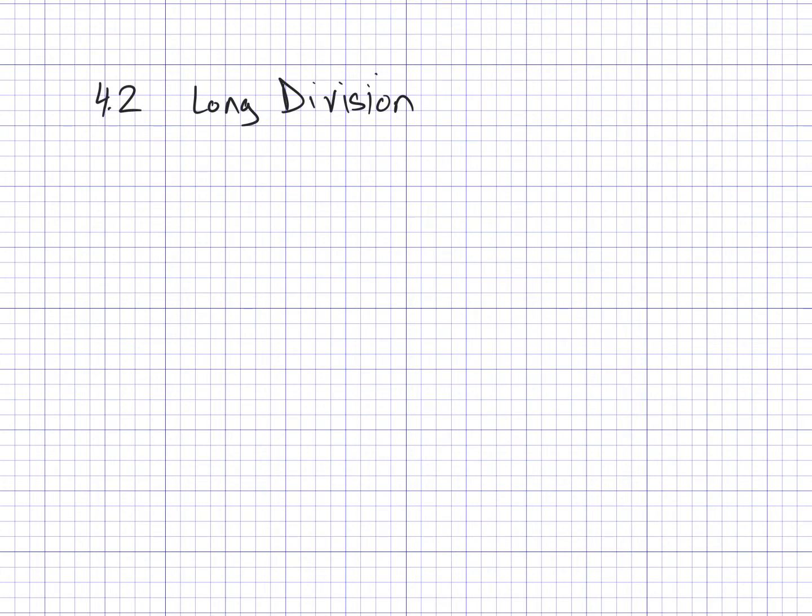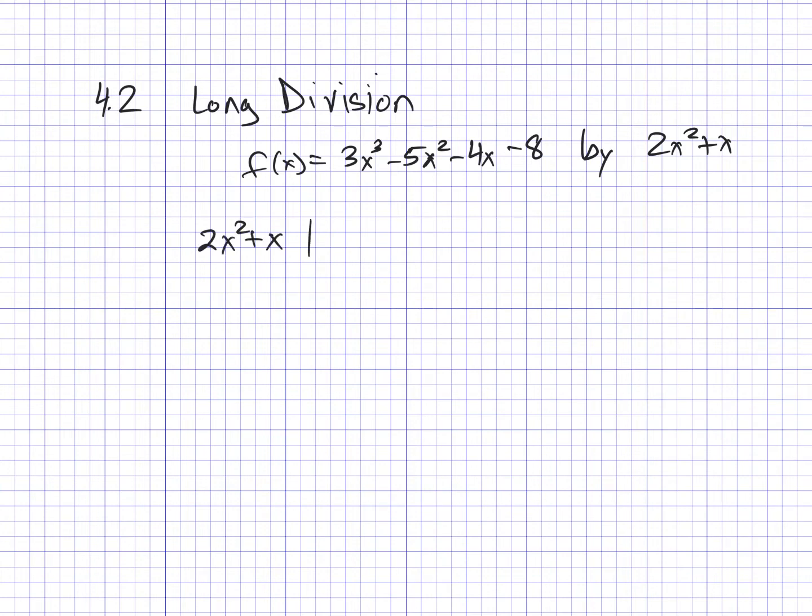How about f of x equals 3x cubed minus 5x squared minus 4x minus 8, and divide that by 2x squared plus x. Okay, 2x squared plus x, and then 3x cubed minus 5x squared minus 4x minus 8.